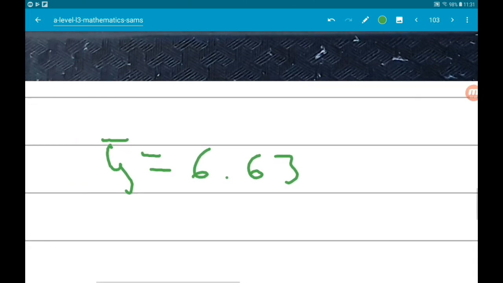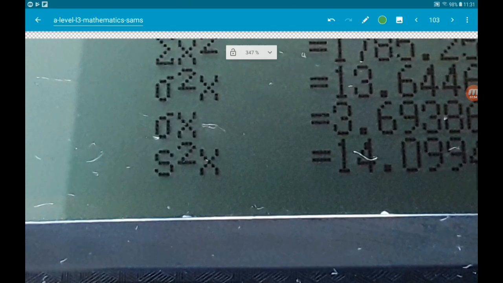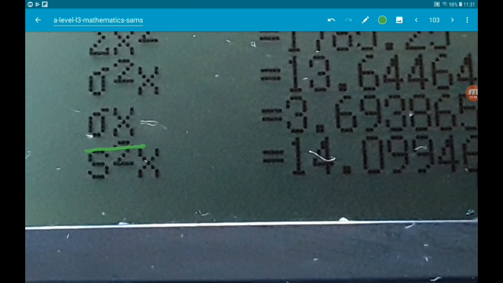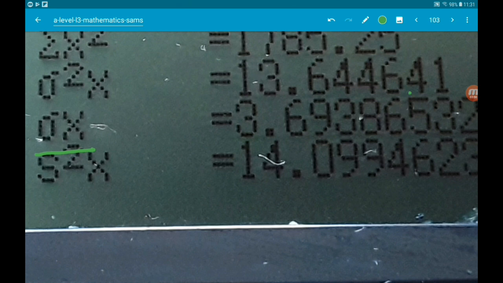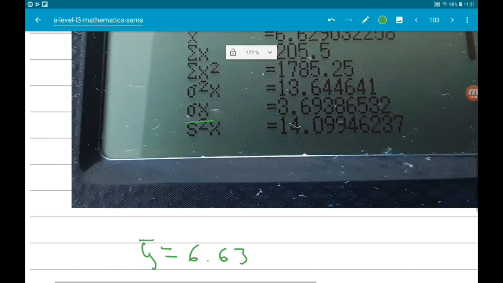And our standard deviation sigma is this guy here, sigma x, which would be 3.69.